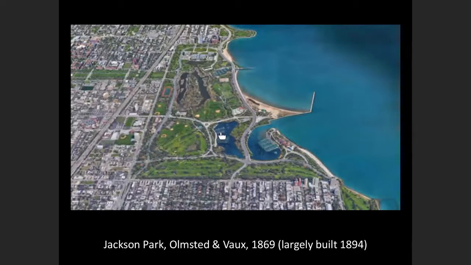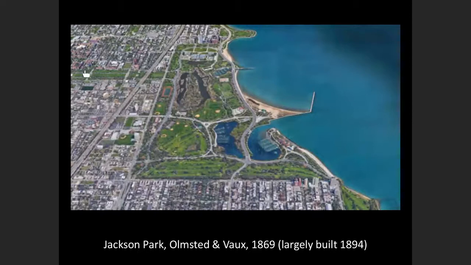And shortly we'll talk about what it was also famous for, the site of the Columbian Exposition. It was planned in 1869. Not a whole lot was done until after the Columbian Exposition, which took up almost the entire park site. After that was dismantled in 1894, they built the modern park as we have it today.